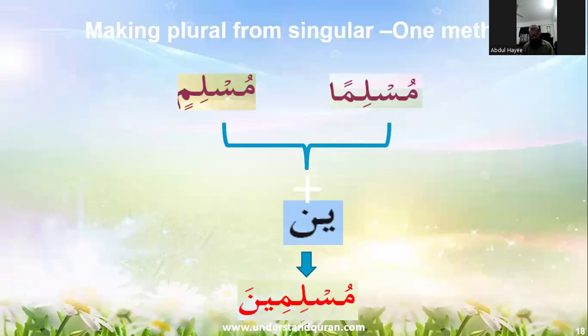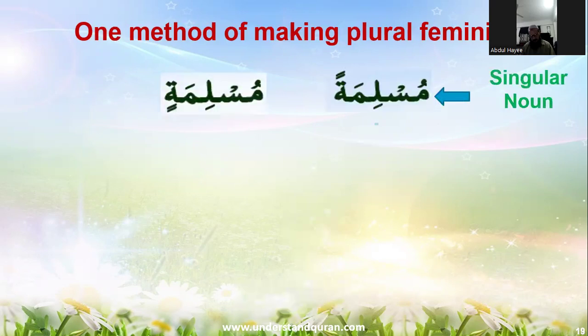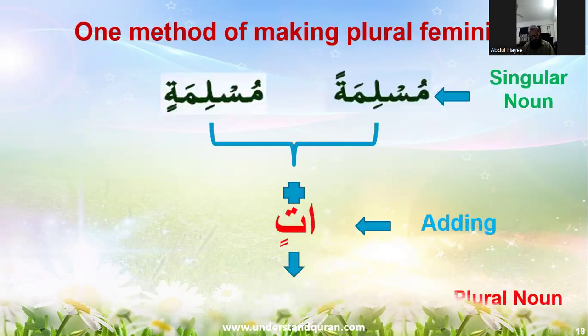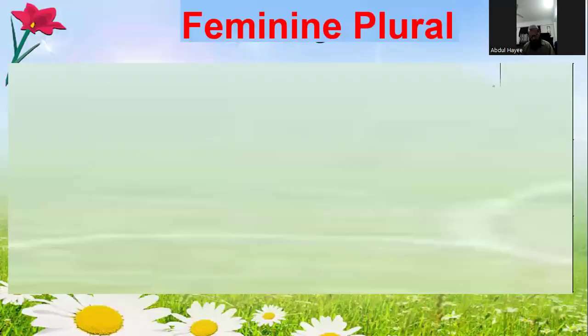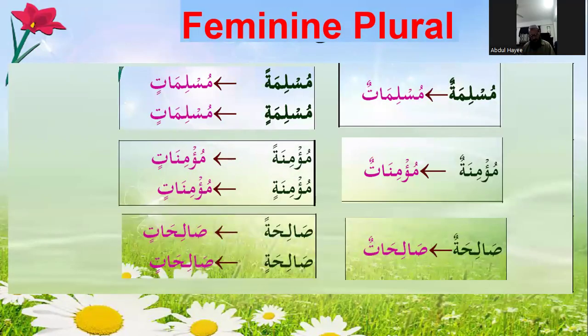Making plurals with singular. So one method is yanun. Okay, so this is what we explained, making plurals by changing the ta with tanween and putting alif ta.